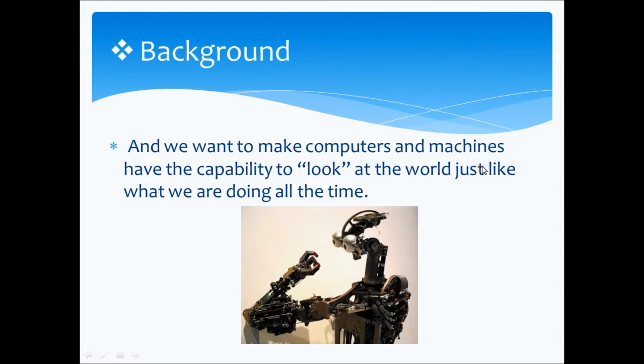We are using our eyes every day, and as science and technology have been developing fast for quite a long time, computers and machines are now able to look at the world just like what we are doing all the time, but in their own ways.